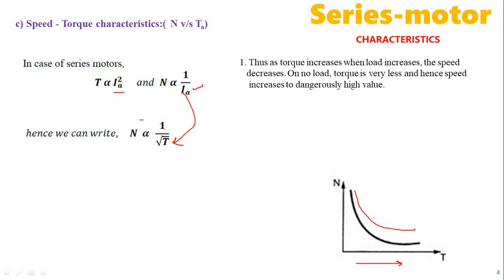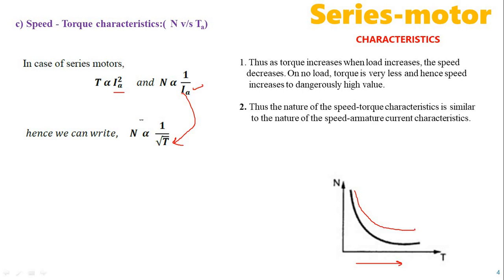If the load increases, speed decreases, at the same time armature current increases, so torque also increases. Initially the speed is high for a low torque. Once the torque increases, speed decreases, so the nature of the characteristic is similar to the speed armature current characteristics, that is a rectangular hyperbola.